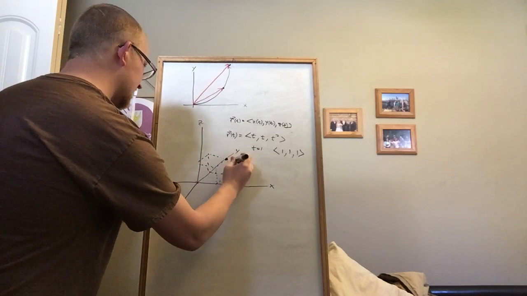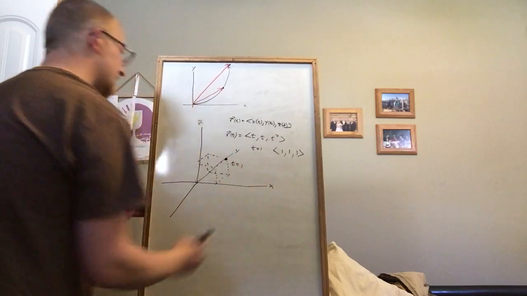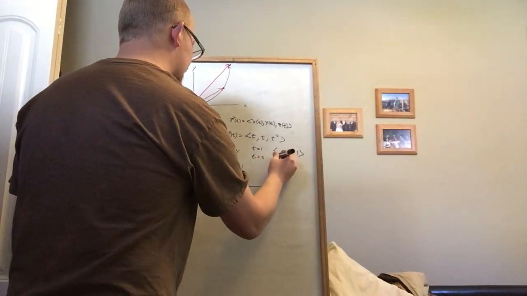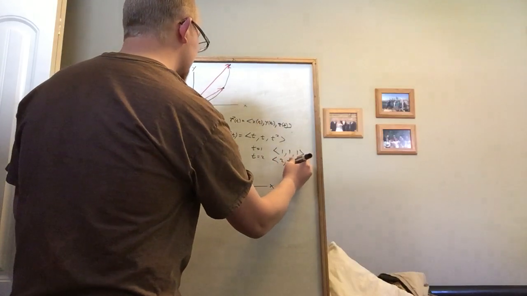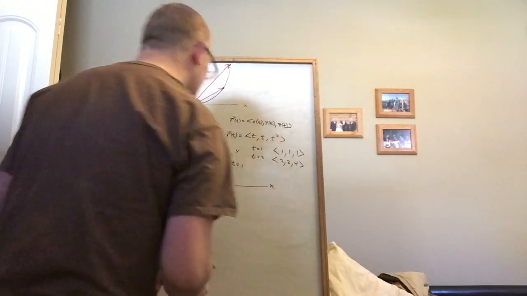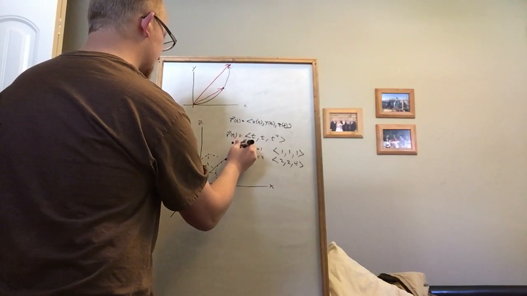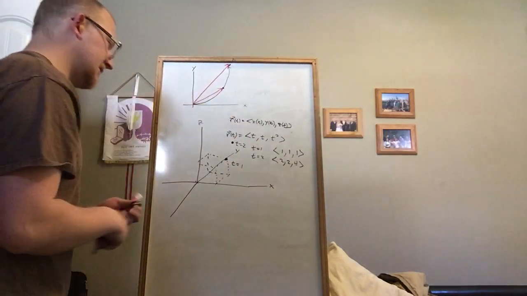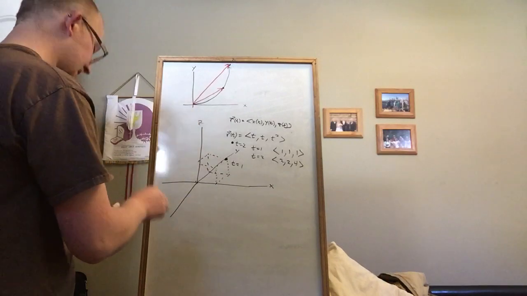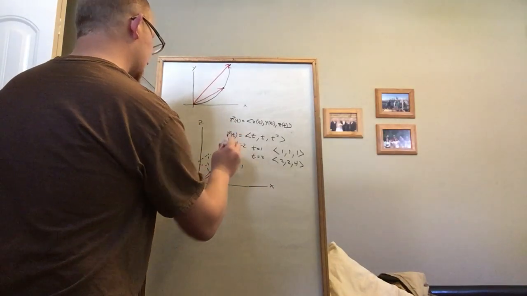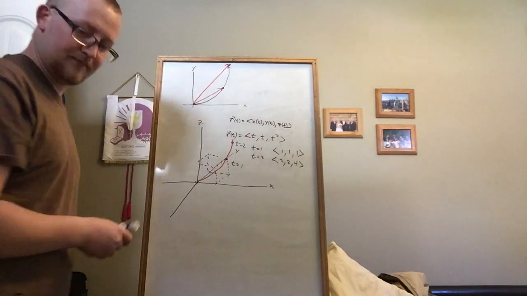Here's t equals 1. And then when t equals 2, we end up with 2, 2, 4, which ends up kind of being above where I'm supposed to be at, but we'll just draw it here. T equals 2. And what we end up with is a line that traces out this curve.